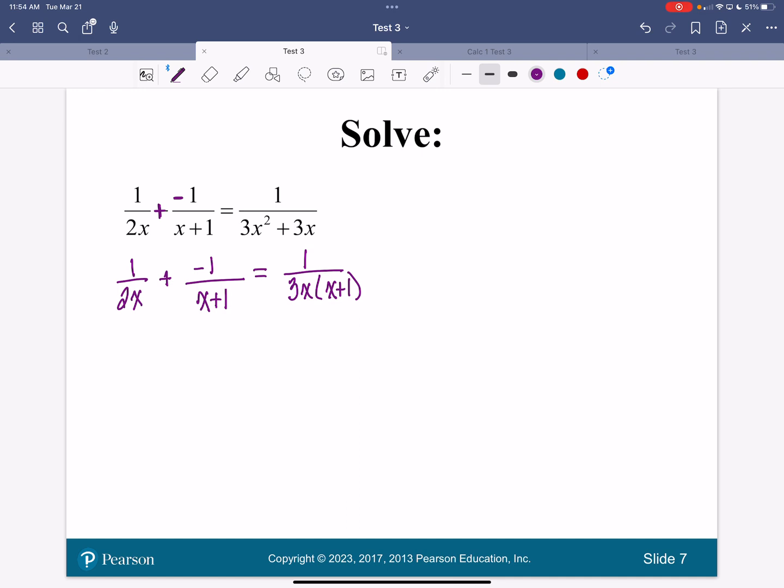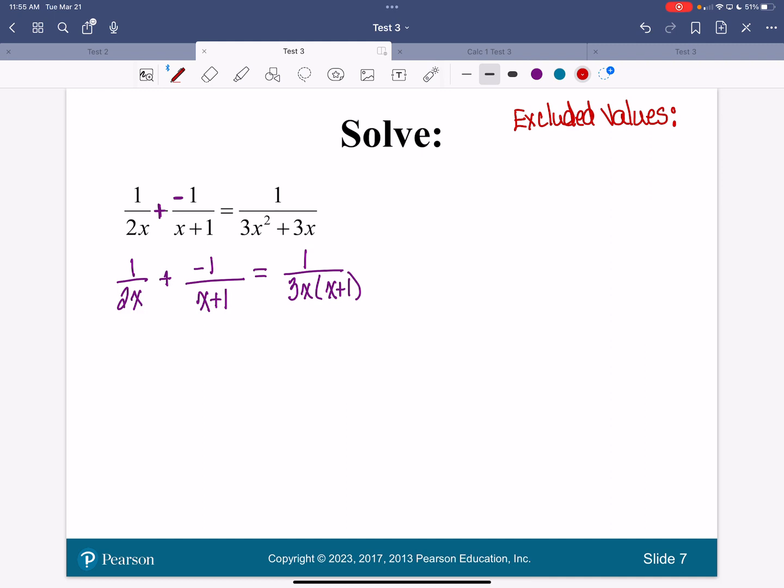So I've got some excluded values that I need to go ahead and think about. I always like to have my excluded values written off to the side, because I always need to compare my final answer to those excluded values.